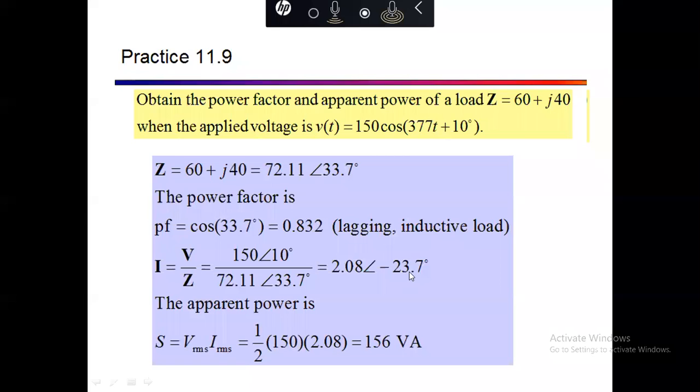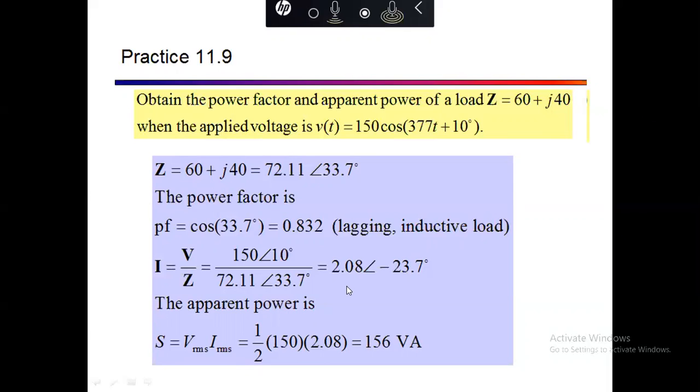Now we take the two RMS values. One is the RMS value of the voltage, and the other is the RMS value of the current. Or we can take the peak value of these two to find the value of the current.